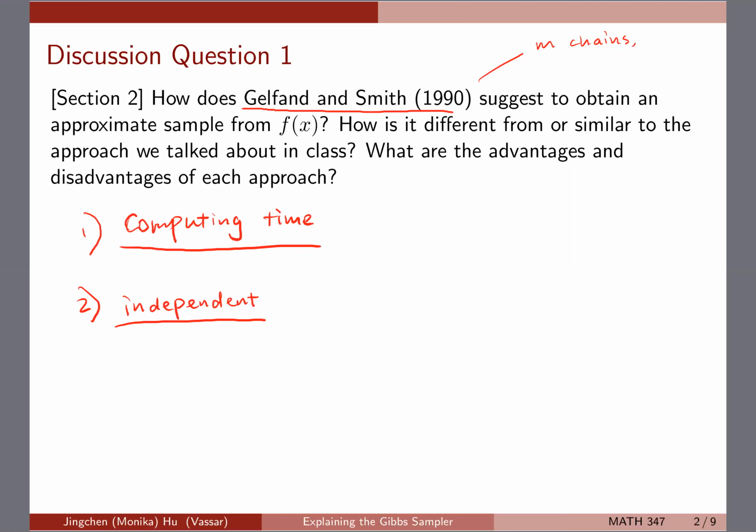So if each chain has length k, just saving the kth value and making a sample from those kth values. So that means once you are done with your sampling, you have m different values. Yeah. Okay.